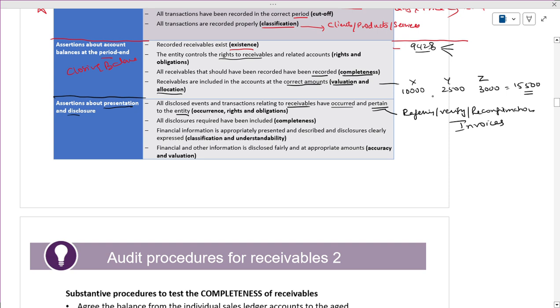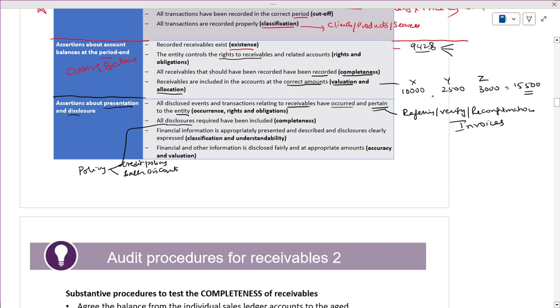All disclosures required have been made. When we say disclosures, make it very clear. What is the policy of receivables? The policy of receivables in terms of credit policy. The policy of receivables in terms of sales discounts.